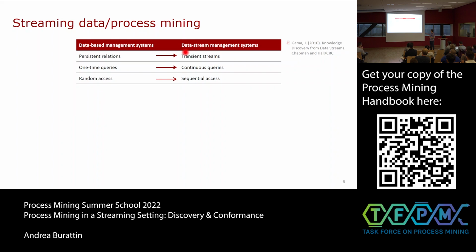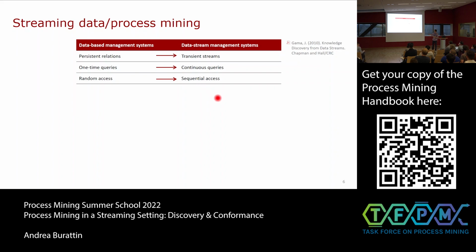In a streaming setting, because the stream itself is just about events that are being communicated, you have transient observations, which means that the access to your data is sequential. So you see one element at a time and you don't know what's going to come afterwards.